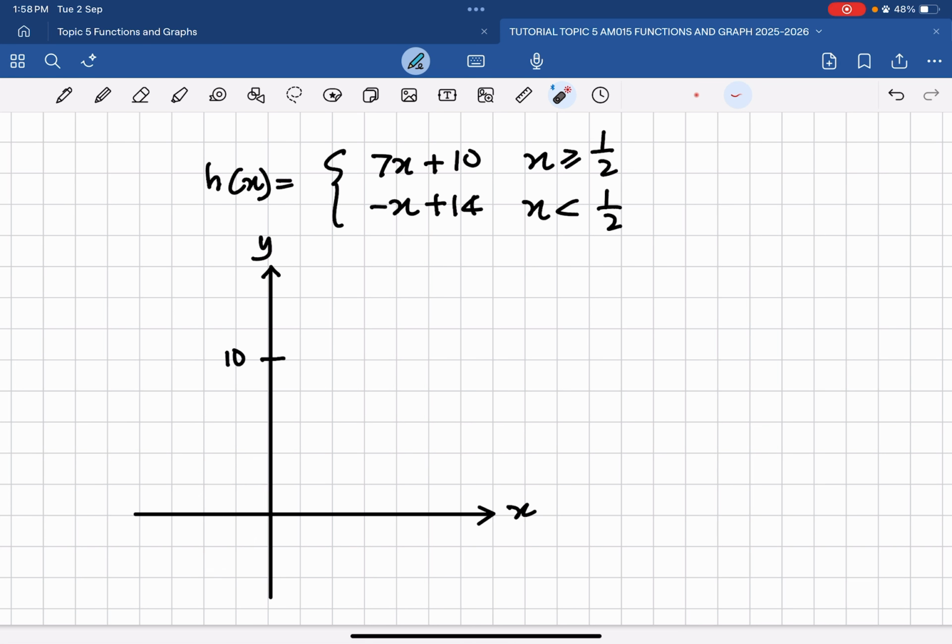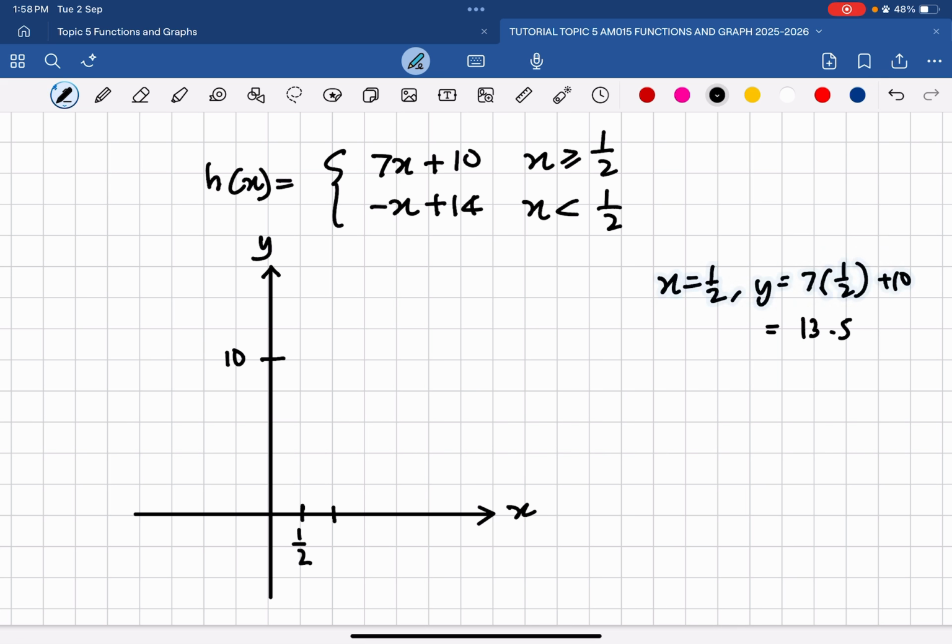Okay, and for x greater than or equal to 1 over 2, there is this 1 over 2 somewhere about here. Let us substitute 1 over 2 here. When x equals 1 over 2, y equals 7 times 1 over 2 plus 10, which is 13.5.